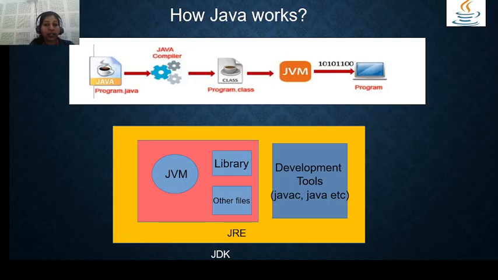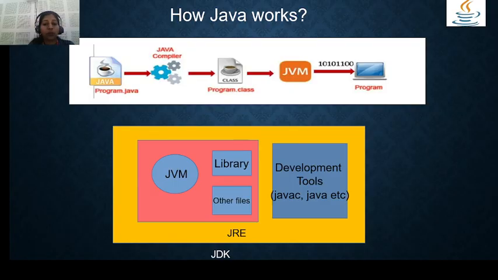The JDK has an inbuilt compiler and interpreter. The javac compiler will compile our program, which has the .java extension, and convert it into program.class, that means a .class file, which is given to the JVM for execution, and it will give the output. It will be in bytecode. As Java is cross platform, it can be run on different platforms also.